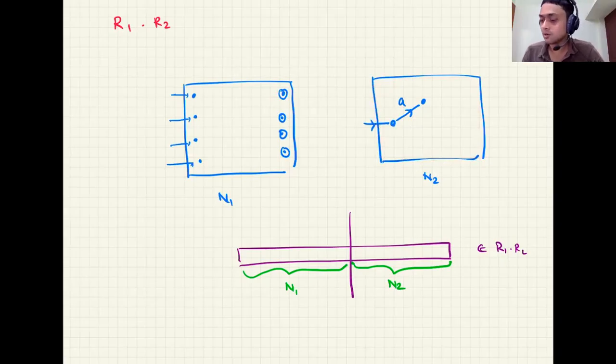Suppose I reach this state by reading a B. And from here, on reading an A, I will add a transition that goes here.